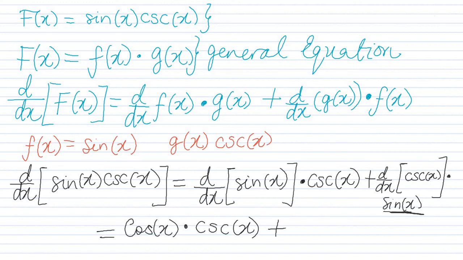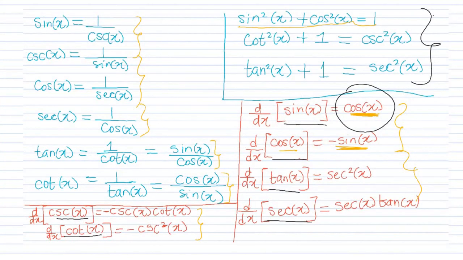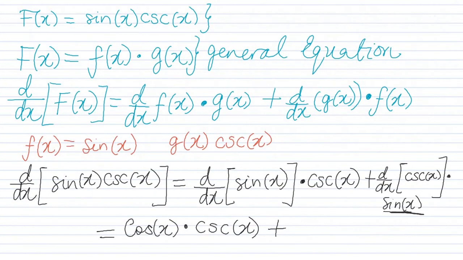Plus, what's the derivative of cosecant x? Let's come back. The derivative of cosecant x is negative cosecant x cotangent x. So let's put that down.